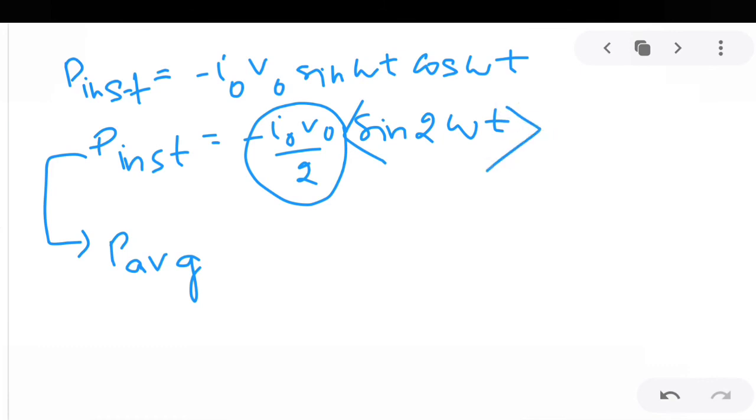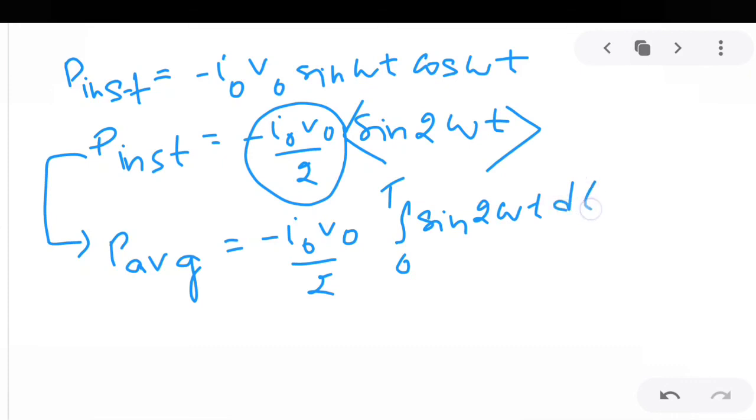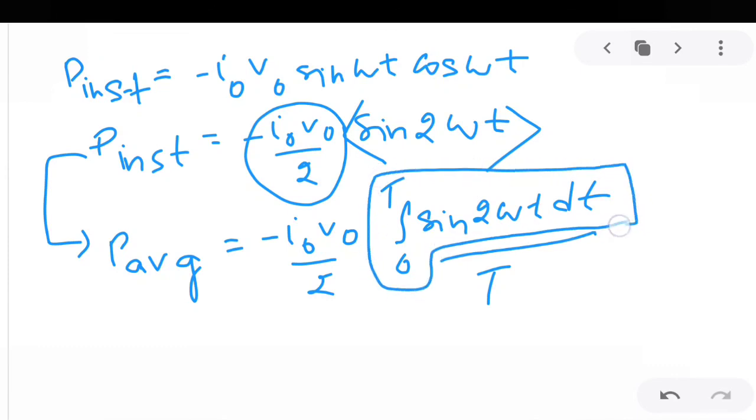So this is minus I naught V naught by 2 times the average of sine 2 omega t, which for one cycle is integral from 0 to T of sine 2 omega t dt divided by total time T. Now we have already solved this integral and it is equal to 0.